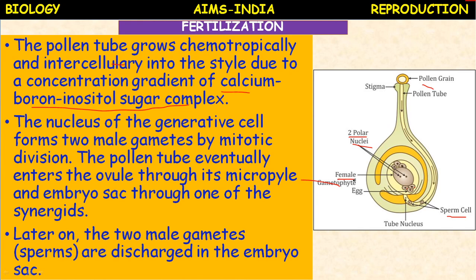The female gametophyte is also called the embryo sac. The egg is the female gamete. So these sperm cells will enter into the embryo sac through the micropylar region of the ovule.